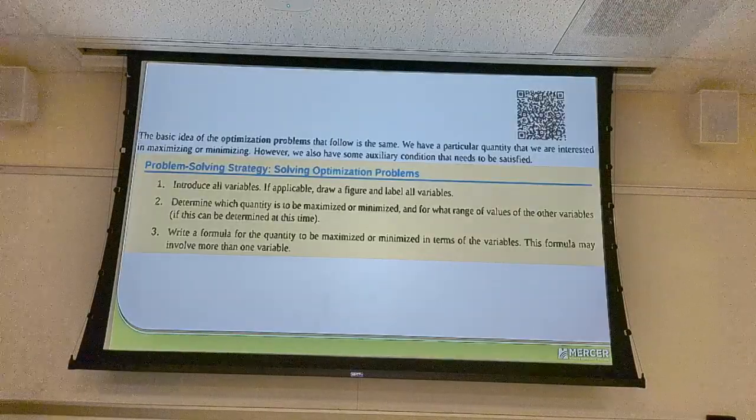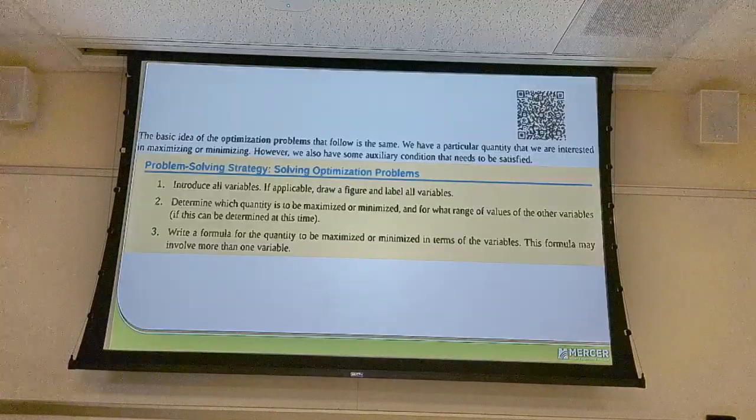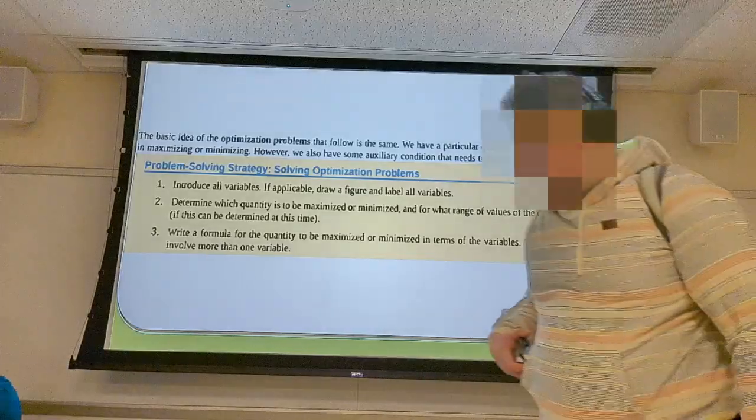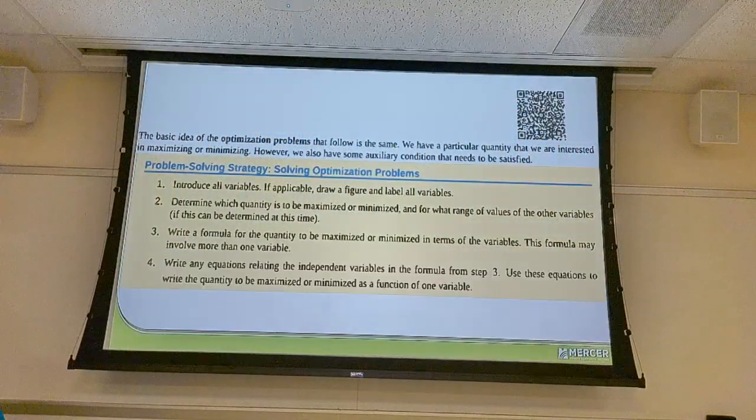This could involve more than one variable, right? So area, for instance, you have two variables, length and width. That is where your constraint comes in, because you're going to use that constraint to reduce your equation down to a single independent variable.